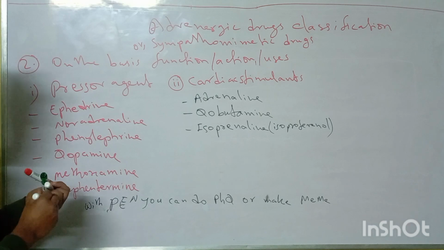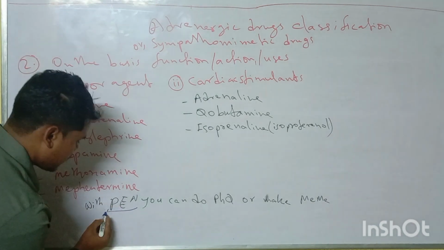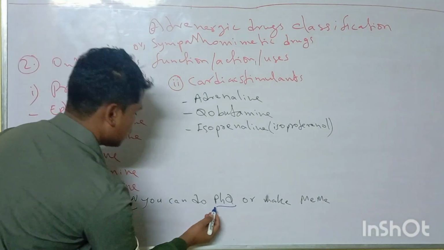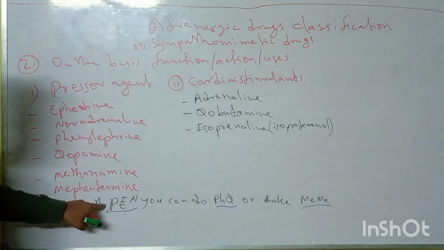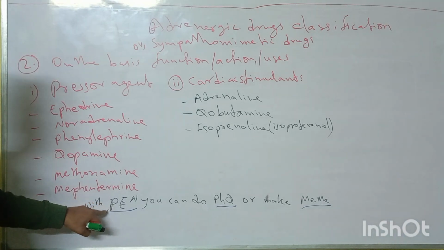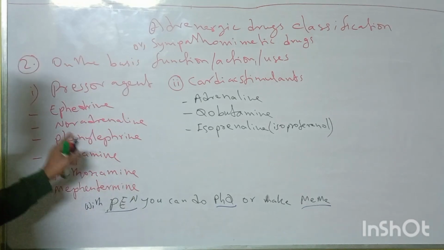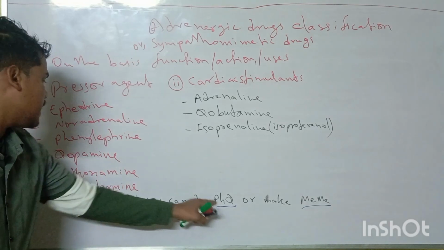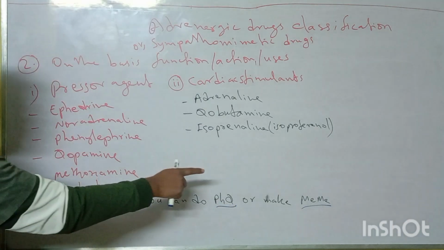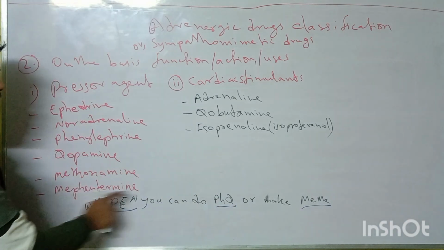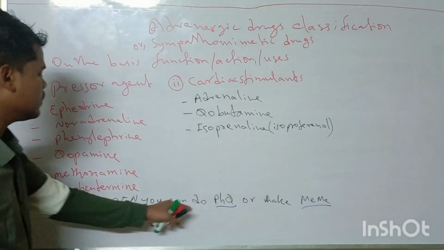So from this sentence underline pain, PhD and meme. So P for pressure agent, E for ephedrine, N for noradrenaline, again PH for phenylephrine, D for dobutamine, ME for methoxamine and another ME for mephentermine. Remember this mnemonic.